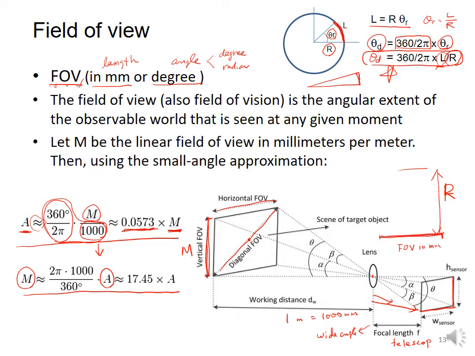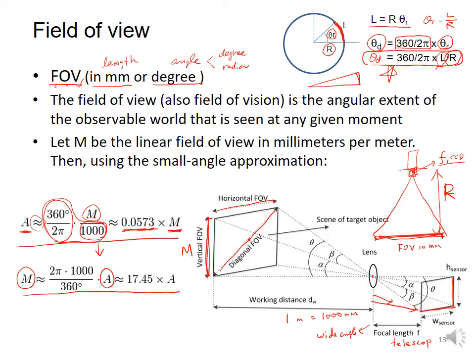Then we select the proper lens, F, for the CCD chip size. Then we can set up the computer vision system.